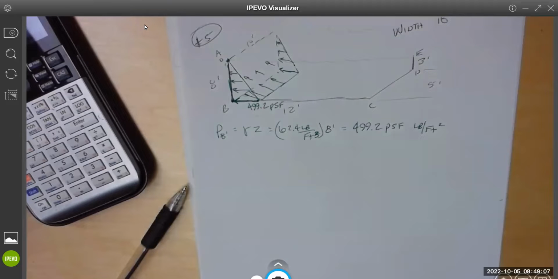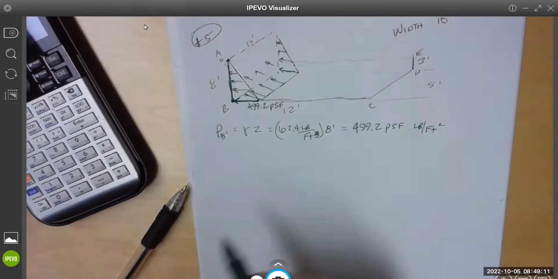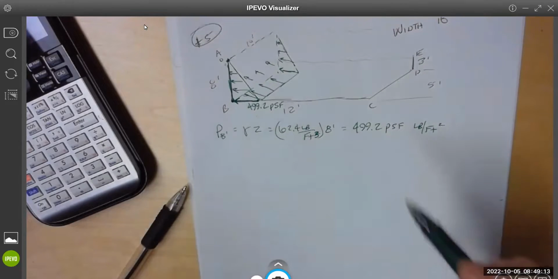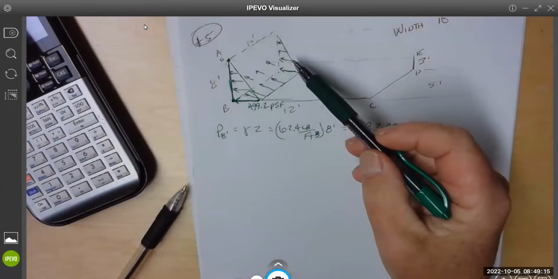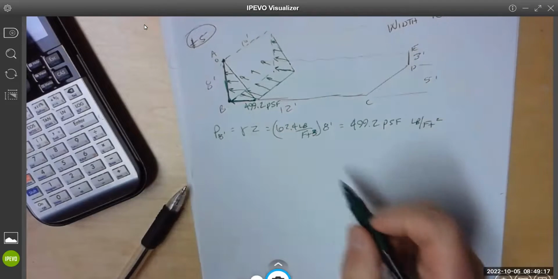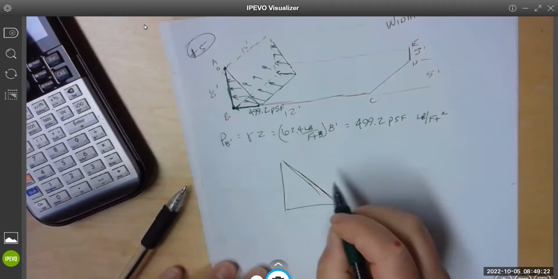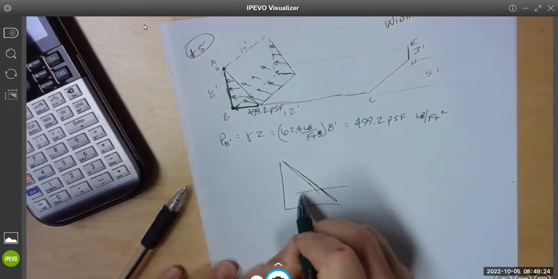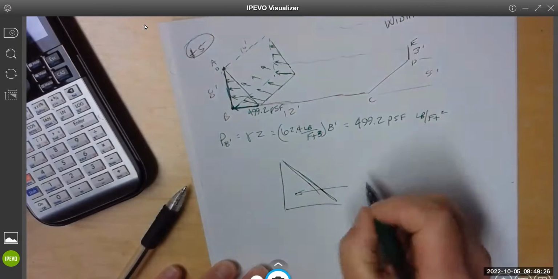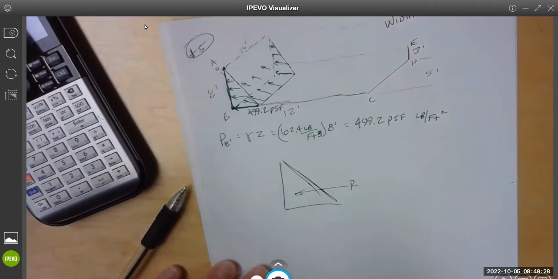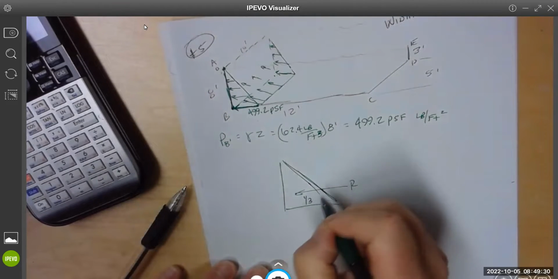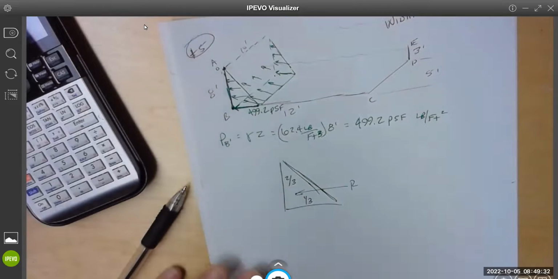For a triangle, it's the geometric center of the triangle. If it's three-dimensional, then it's just halfway on the depth because it doesn't change. It's triangular the whole way. How do we find the geometric center of a triangle? The resultant is at 1/3 and 2/3, that's the location.